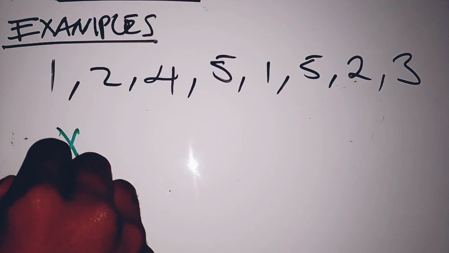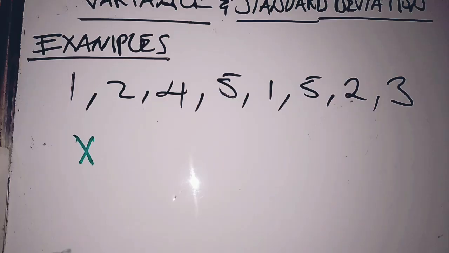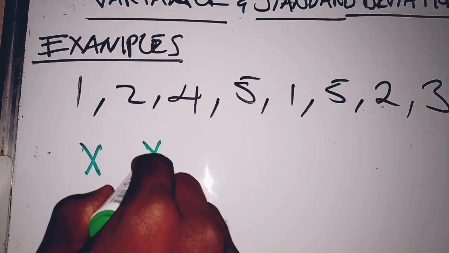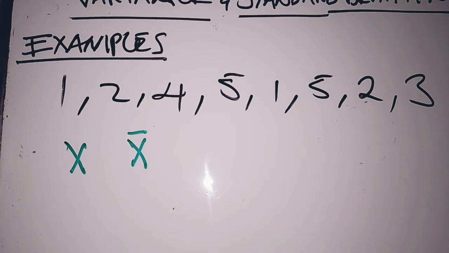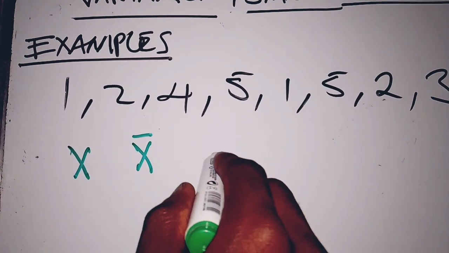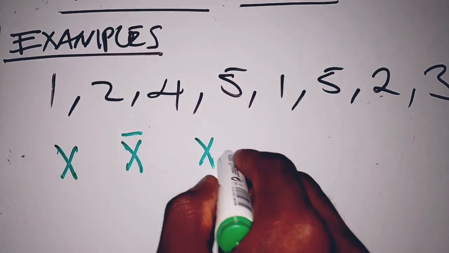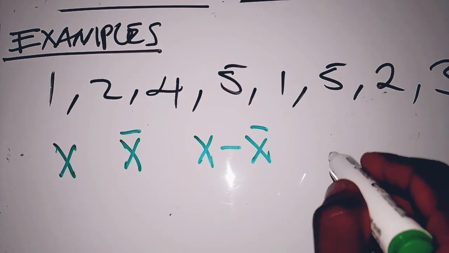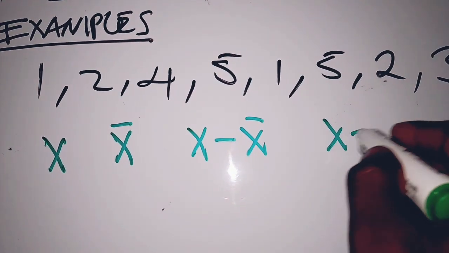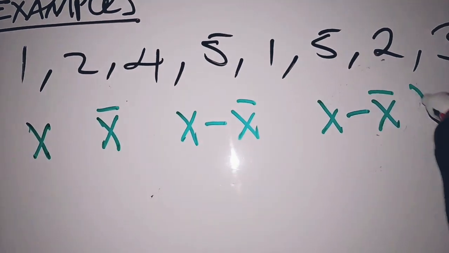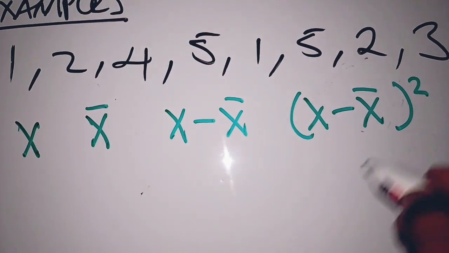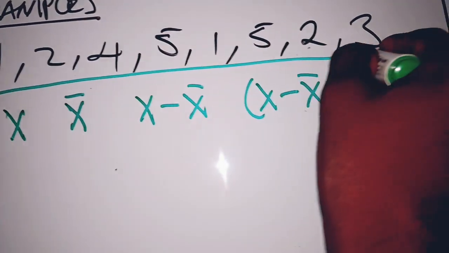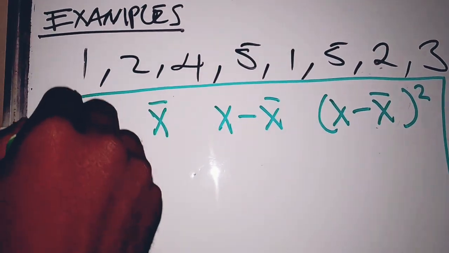Let's write x to represent this, where to put these numbers, and then we are going to put x bar, and then x minus x bar, and then the same x minus x bar, squared. It's very, very simple.